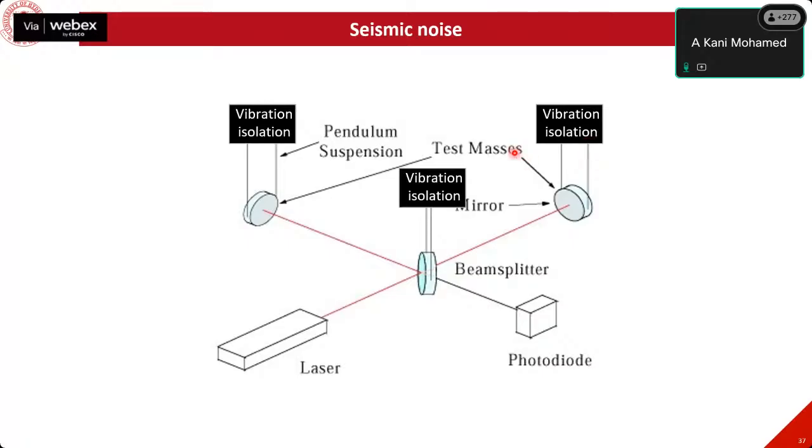So by using this vibrational isolation system, they could completely avoid the seismic noise. So this is one noise that has been perfectly eliminated in LIGO.